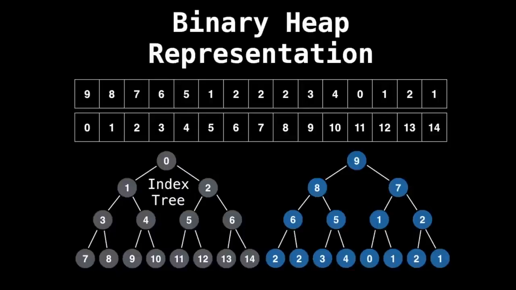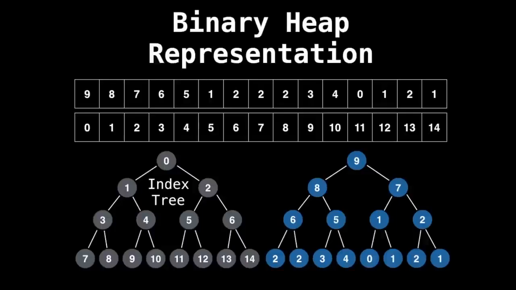However, this isn't the only way we can represent a heap. We can also represent a heap using objects and pointers and recursively add and remove nodes as needed, but the array construction is very elegant and also very, very fast.